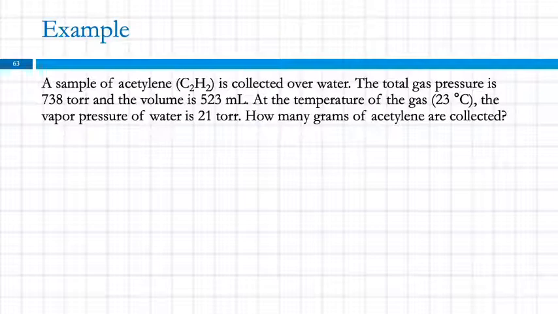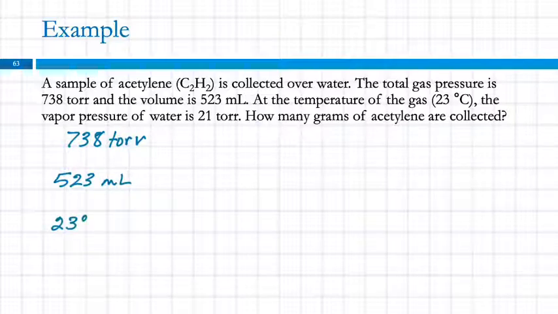Again, pull out the numbers. 738 torr. And 523 milliliters. 23 degrees Celsius. 21 torr. So let's identify what these things are.